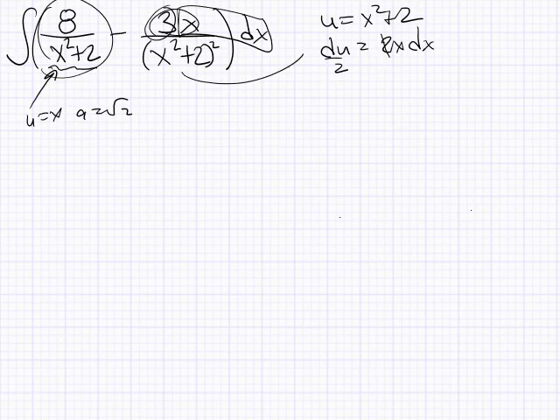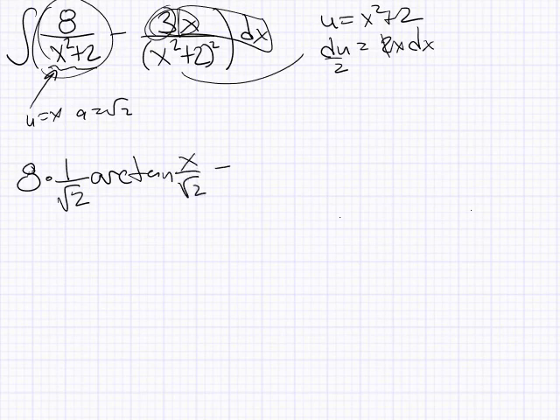Pull out the 8. So I'm going to end up with 8 times 1 over the square root of 2 arctan of x over square root of 2 minus 3 over 2. Again, that's the 3 and the over 2 coming out.